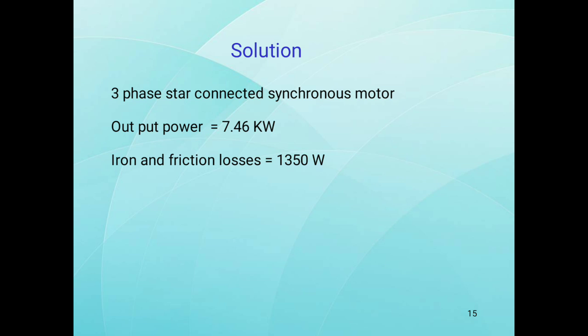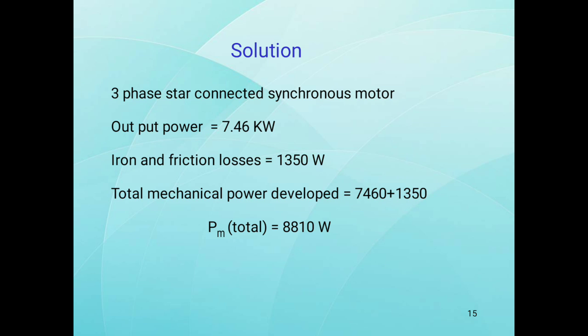Now the total mechanical power developed is equal to 7460 plus 1350. So Pm, total mechanical power, is equal to 8810 watts.